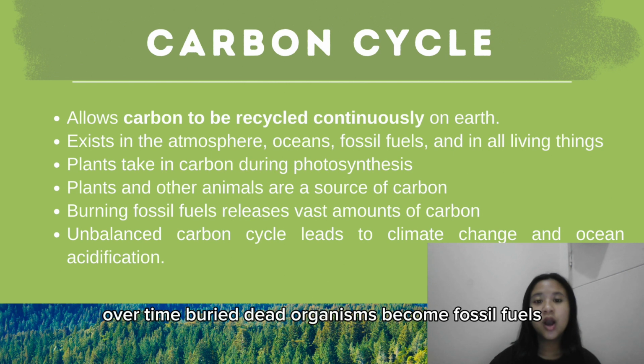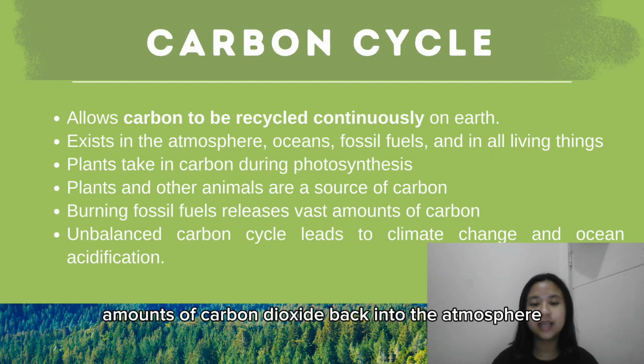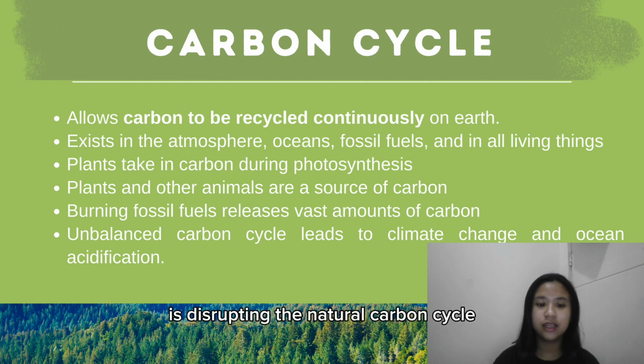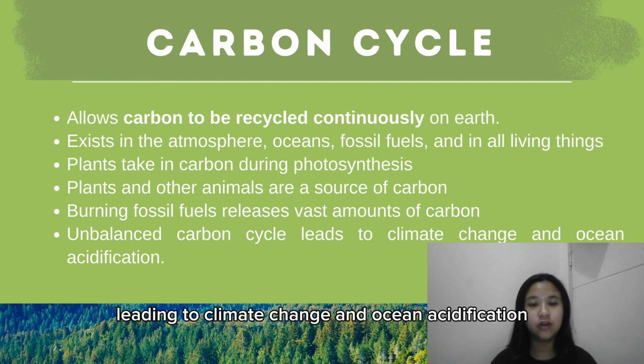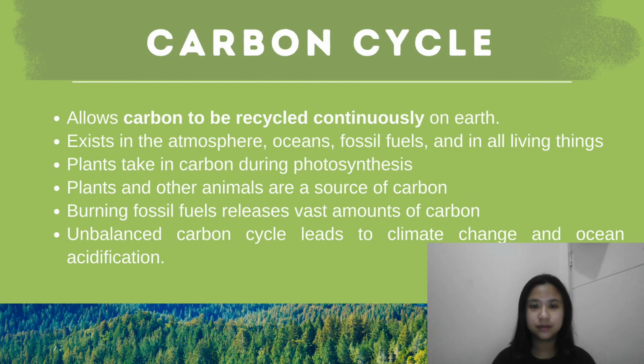Over time, buried dead organisms become fossil fuels like oil and coal. Burning fossil fuels releases vast amounts of carbon dioxide back into the atmosphere. This human-caused increase in carbon dioxide is disrupting the natural carbon cycle, leading to climate change and ocean acidification. Understanding the carbon cycle shows us the need to reduce carbon emissions and keep this vital cycle in balance.